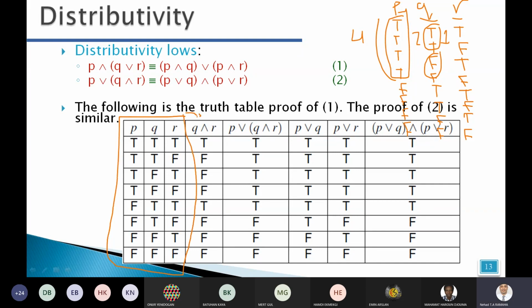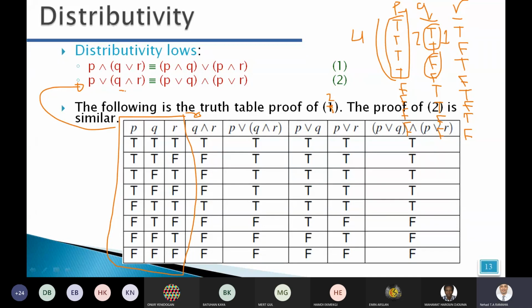Then you start the proof. I need here P and R. I need P. We prove this one, I think. This one, number 2, not number 1.